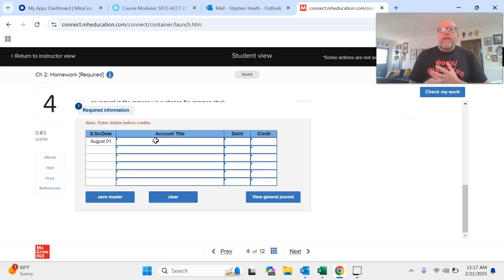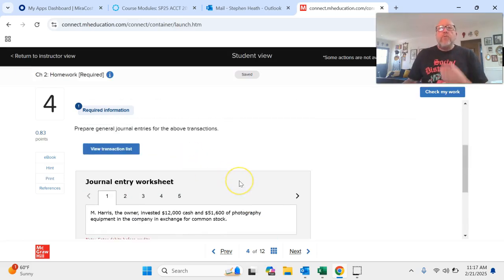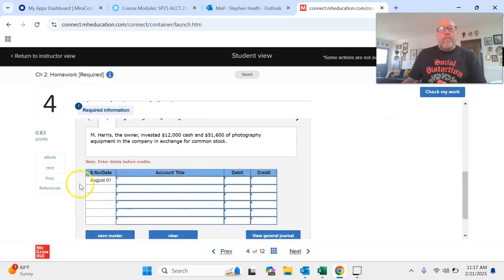These are the kind of things that I think we really want to know like the back of our hands at this point. And if we do know those things, the journal entries should flow pretty easily. And if you're looking at transactions and you're struggling to identify the accounts that are getting affected, whether those accounts are assets, liabilities, or equities, then I would highly encourage you to stop and take some time to memorize that stuff.